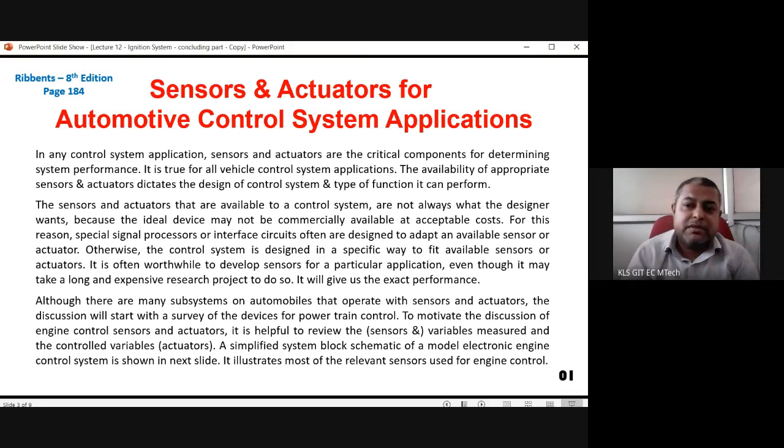So there are two types of design. One is whatever things are already available in the market, well-tested sensor, well-tested actuator, take that and design a very specific circuit or signal processor or interface or DSPs with that, and then design your car. That is one way. Second way is designing everything from scratch.